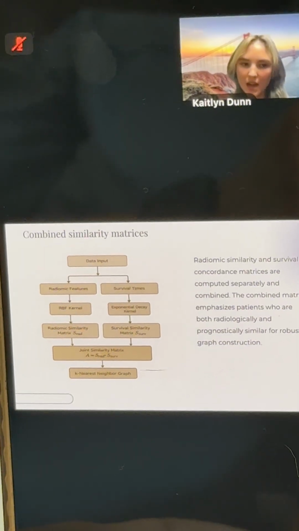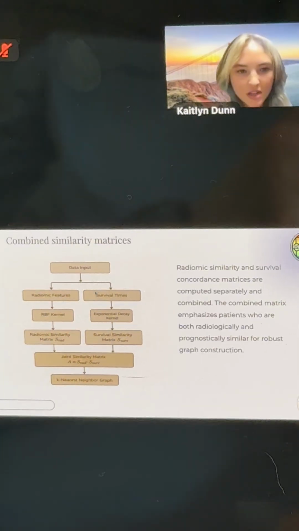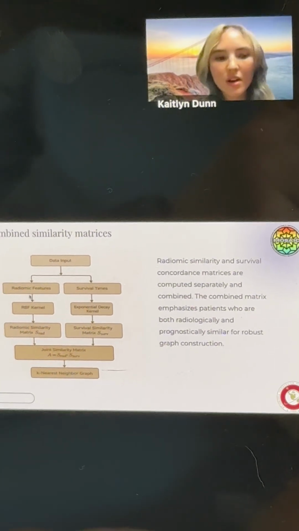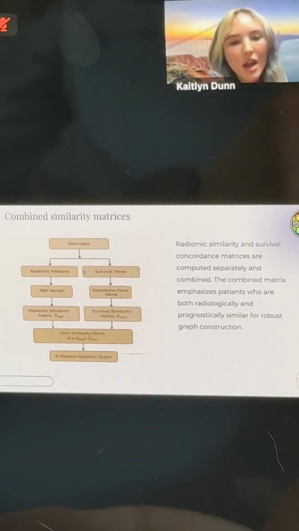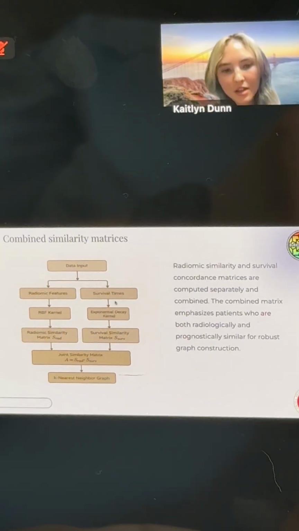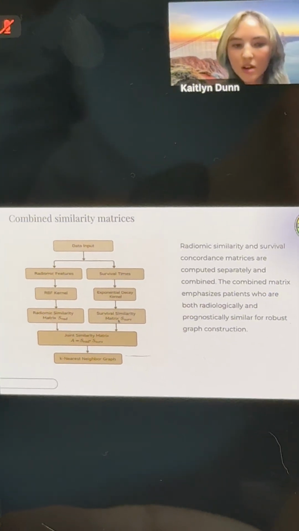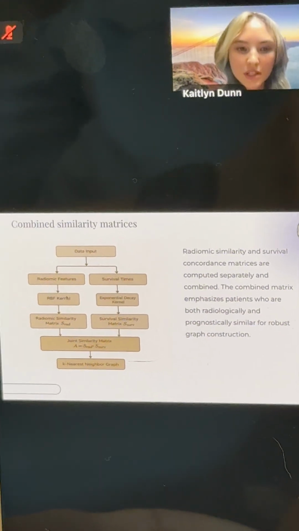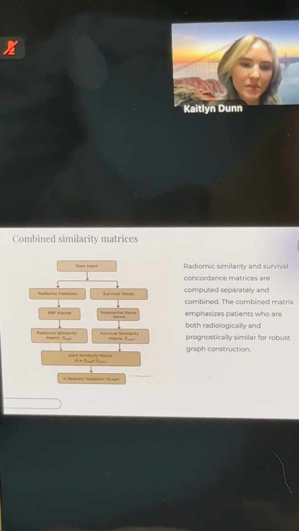So just to recap, we have our data input of 398 patients, and each of those 398 patients have the respective radiomic features that describe the shape of the tumor, and then also their respective survival times. And then using different kernels, we can relate the patients based off of the distances that they are from each other based off of similarity.